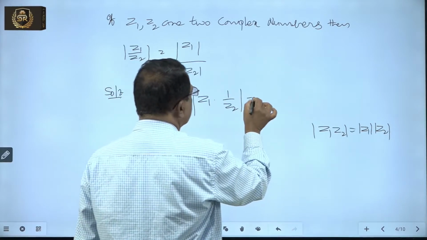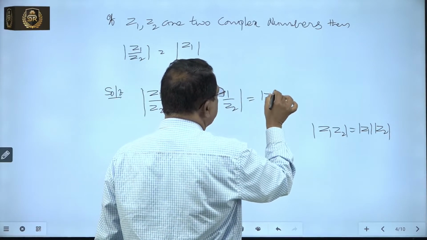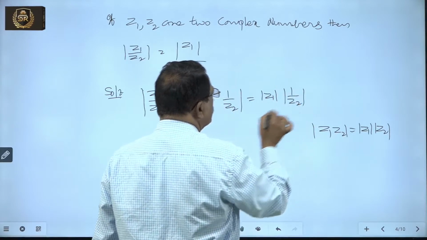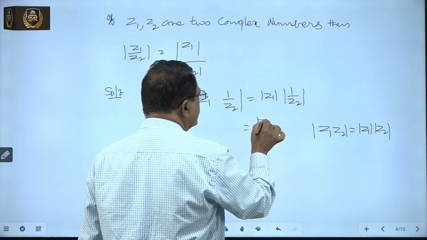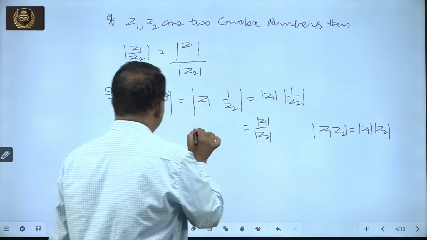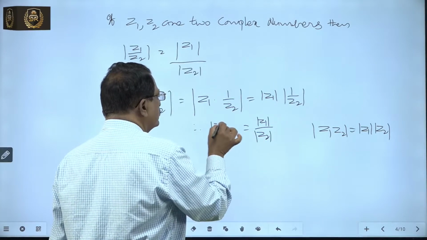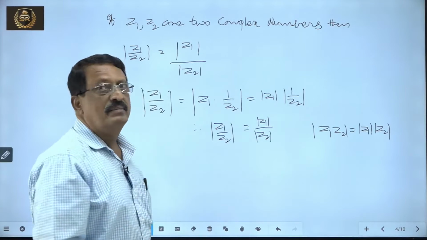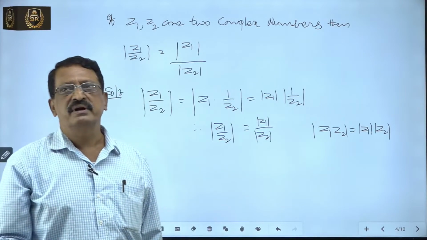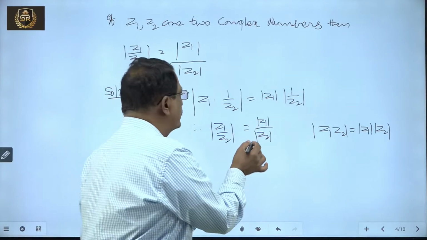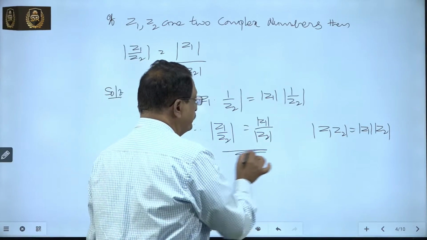Similarly, here it equals mod z1 into mod of 1 by z2, that equals mod z1 by mod z2. Therefore, mod of z1 by z2 equals mod z1 by mod z2. It is also a very important formula in solving problems in complex numbers.